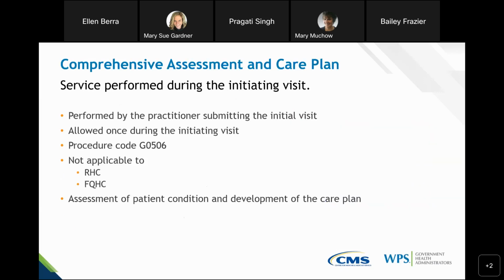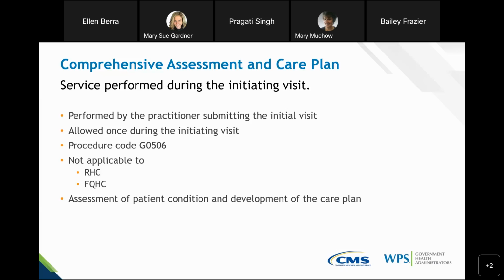The next slide has information on comprehensive assessment and care plan. During that initiating visit, and it's only during that initiating visit on the same day of service, if your practitioner is doing an assessment of that patient's care, a comprehensive assessment, and then is developing that care plan, then there's another procedure code that you can submit in addition to that initiating visit.